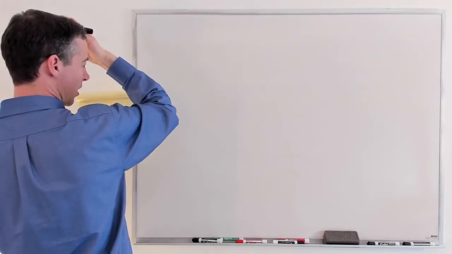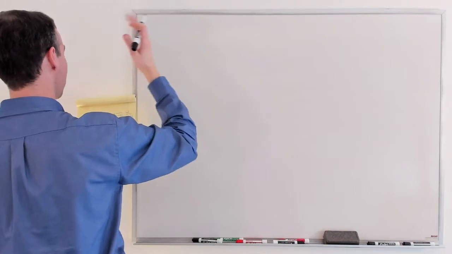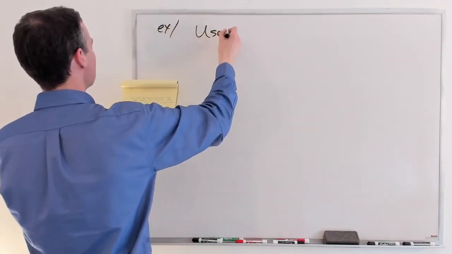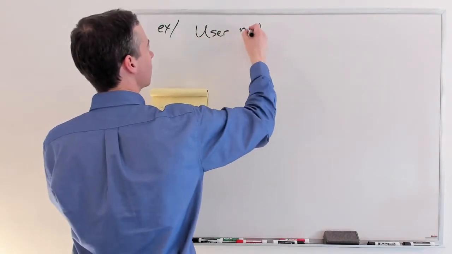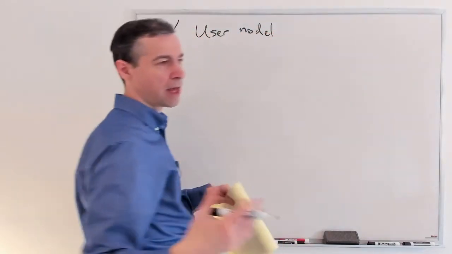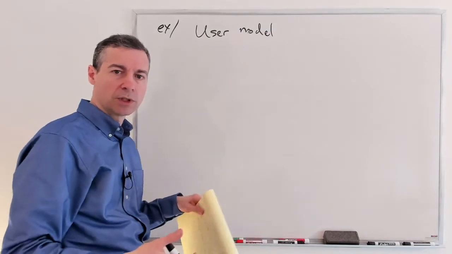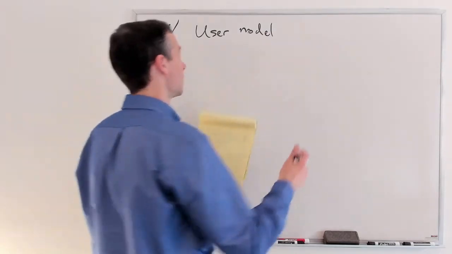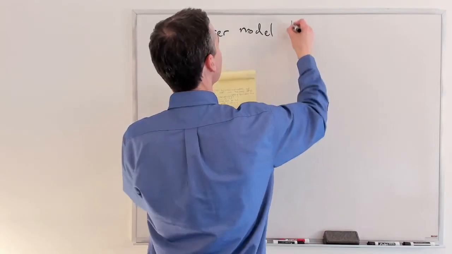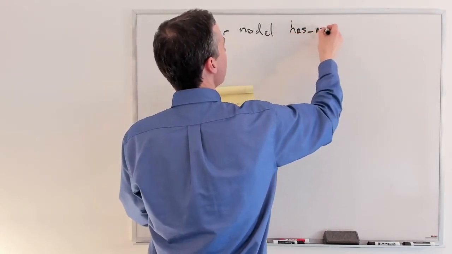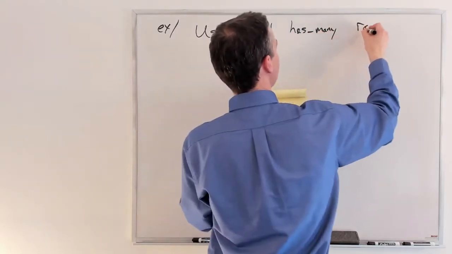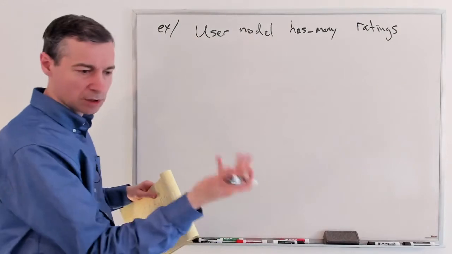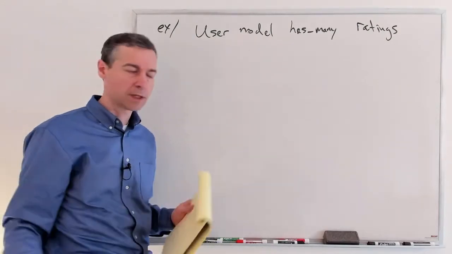From 245, we had this homework with schema and models. So our example here is, let's say we have a user model. And in that homework, we had a user who has many book ratings. So they were rating books. And so we said the user model has_many ratings. This allowed us to join between the user and the ratings table.